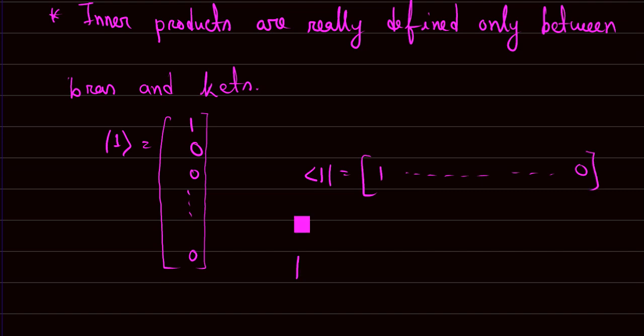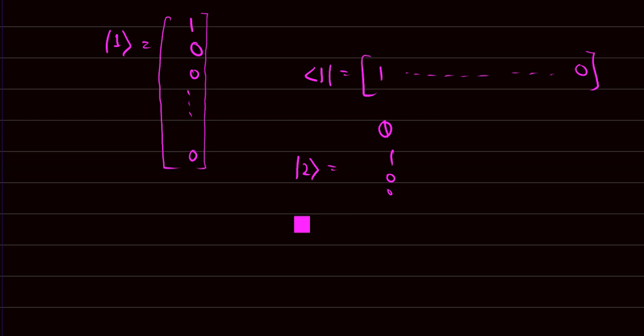If we take basis number 2, it will look like this: 0, 1, 0, 0, dot dot dot, 0. So this is the matrix notation of our column and row vectors. The column vector space is called ket space, and the row vector space is called bra space. One is the dual space of the other.